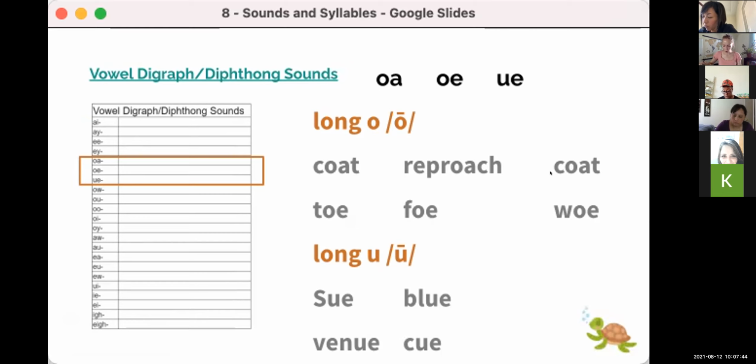We could use the word goat, toe, foe, and woe. Our long U words are Sue, blue, venue, and clue. I'm sorry, Q.